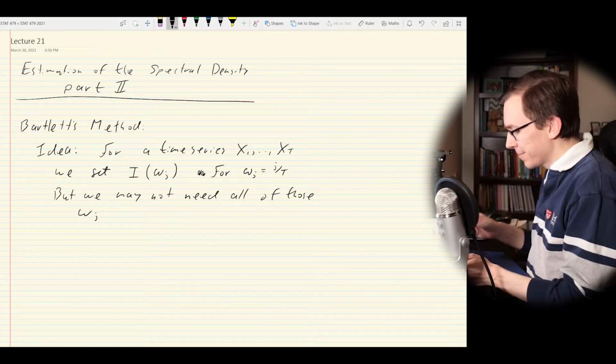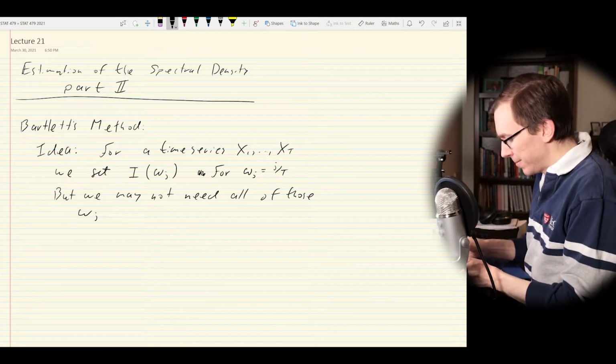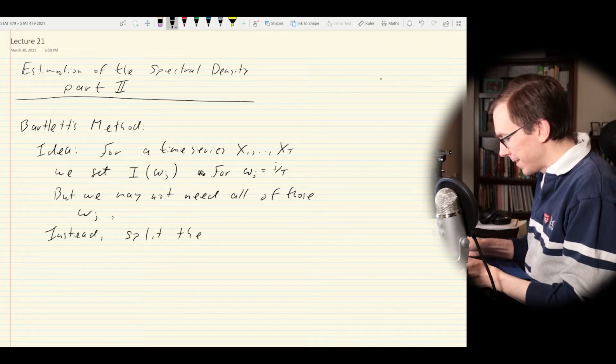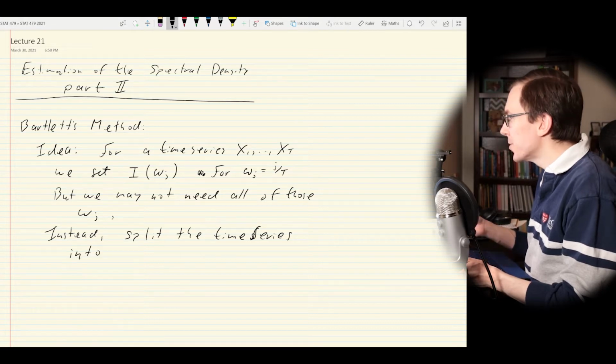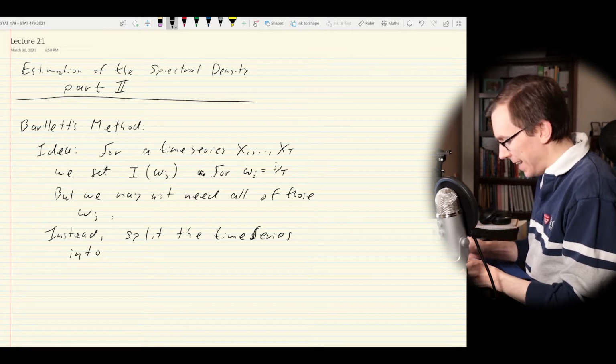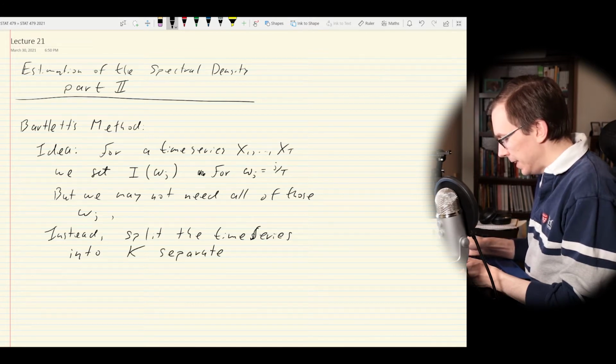So how do we do that? What we can do is split the time series into, what was my notation? K, yeah, K separate, equally sized pieces. This is kind of important.